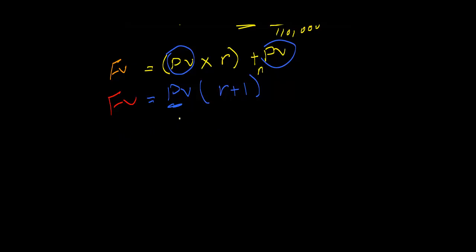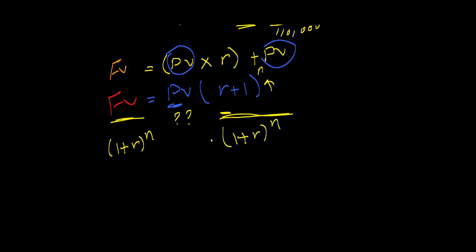If you have the future value and you have the R, which is your interest or your return, and you also have the n here, all you have to do is divide each side by 1 plus R to the power of n.